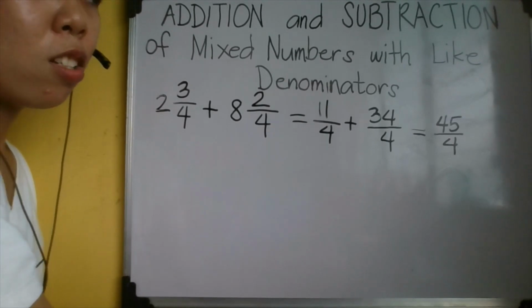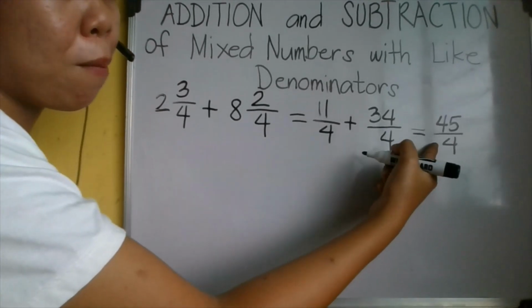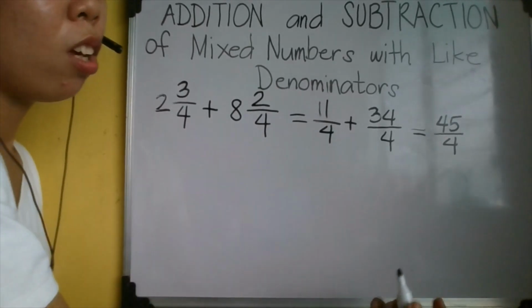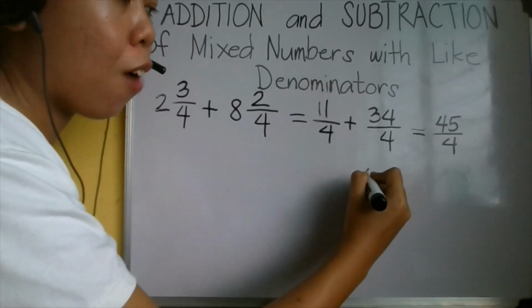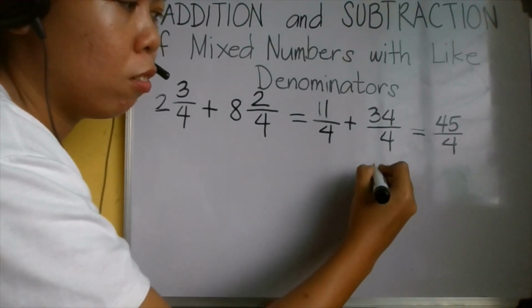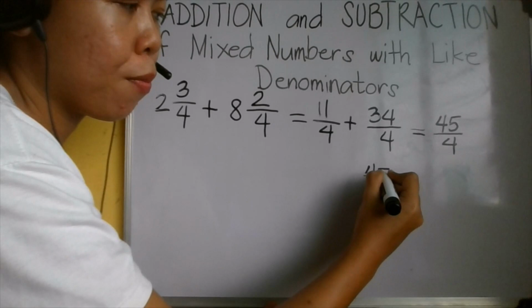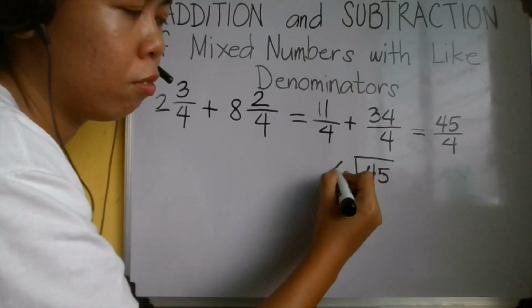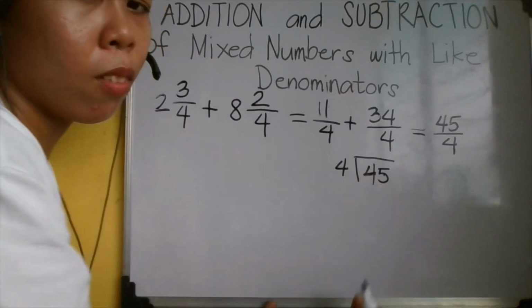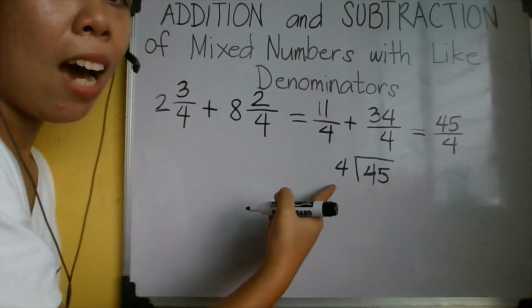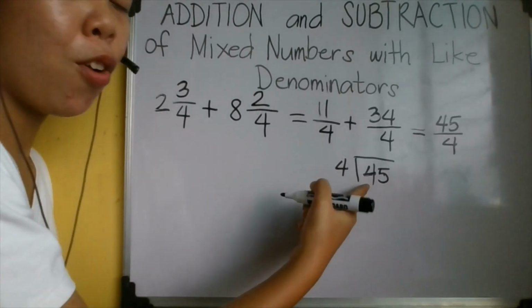So to change the improper fraction to a mixed number, we divide 45 by 4. So 45 divided by 4, how many 4s are in 45?